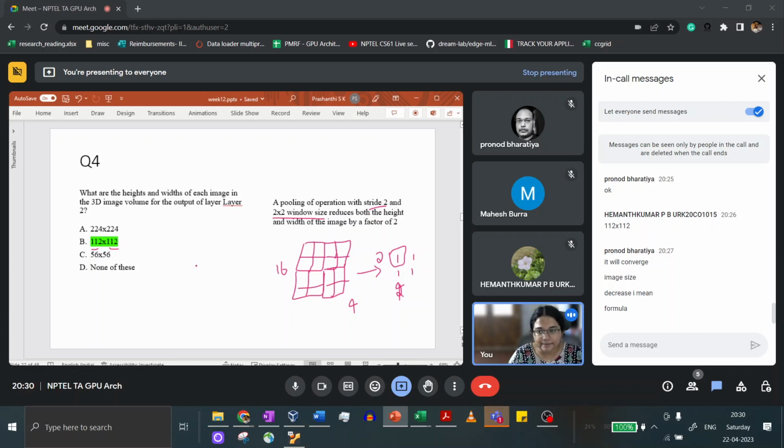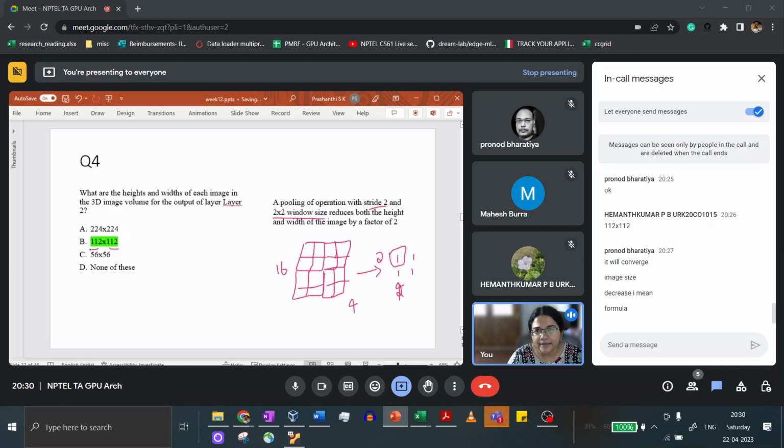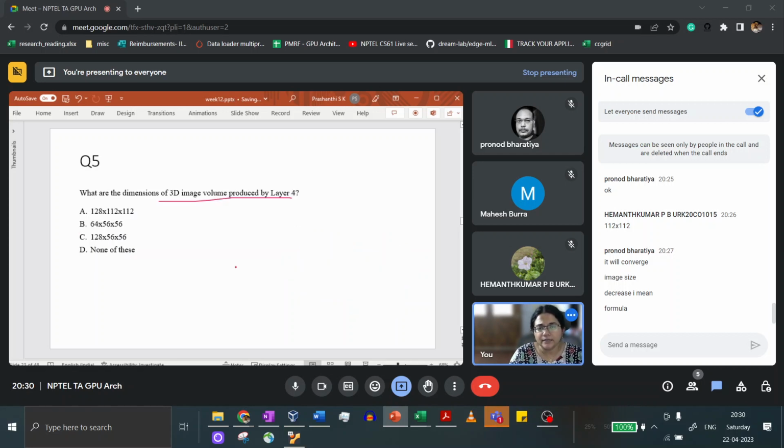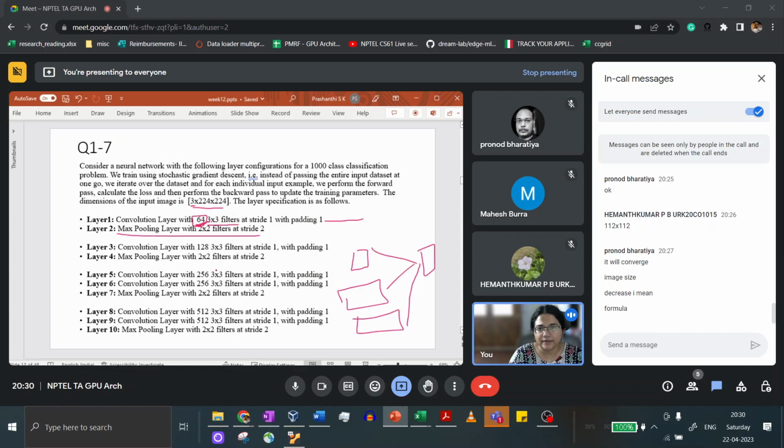Okay, if not, ask me. I'll move ahead because we have half an hour left. What are the dimensions of the 3D image volume produced by layer 4? So remember layer 2 outputs were sized 112 cross 112. Now we are asked about layer 4. So let's look at both layer 3 and layer 4 definitions. Layer 3 is a convolutional layer with 128 3 cross 3 filters, and this is layer 4. Take a bit of time to look at this and then I'll move back to the options.